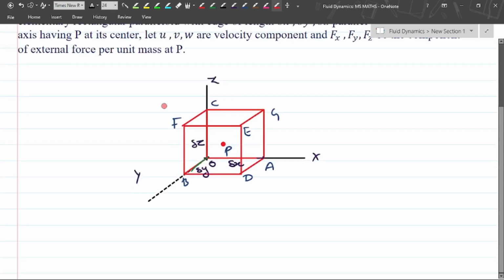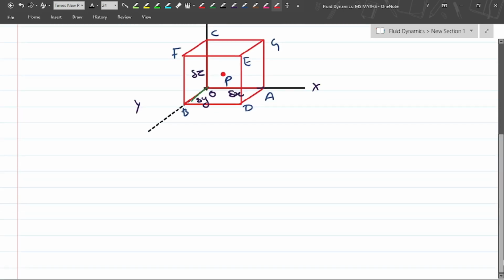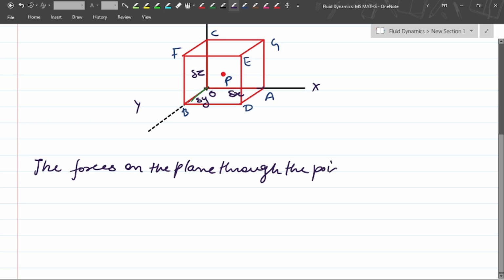Now, the forces on the plane through the point P that is parallel to a particular surface, the surface OBFC.